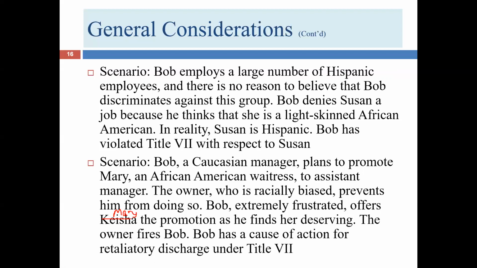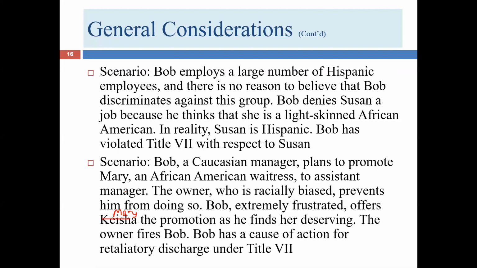Bob's extremely frustrated by this instruction because he thinks Mary is the most qualified person for the position. So he disregards the owner's instructions and goes ahead and promotes Mary to the position because he thinks she's qualified. The owner fires Bob. In this case, obviously it's not a racial discrimination claim because we'll assume that the owner is Caucasian.